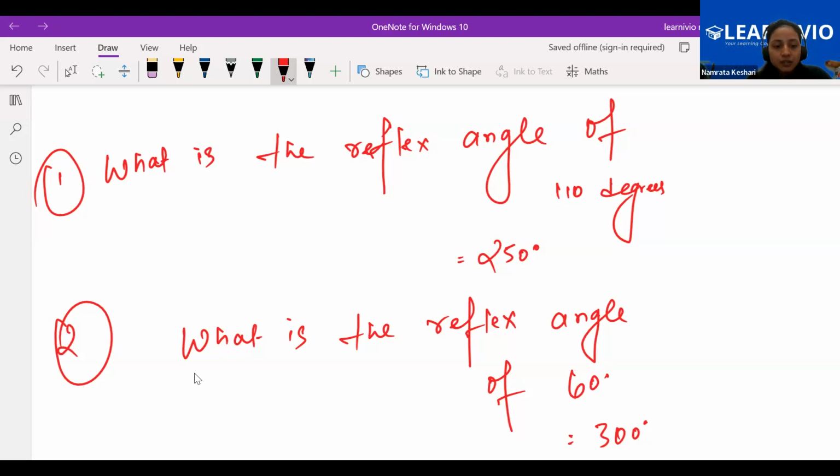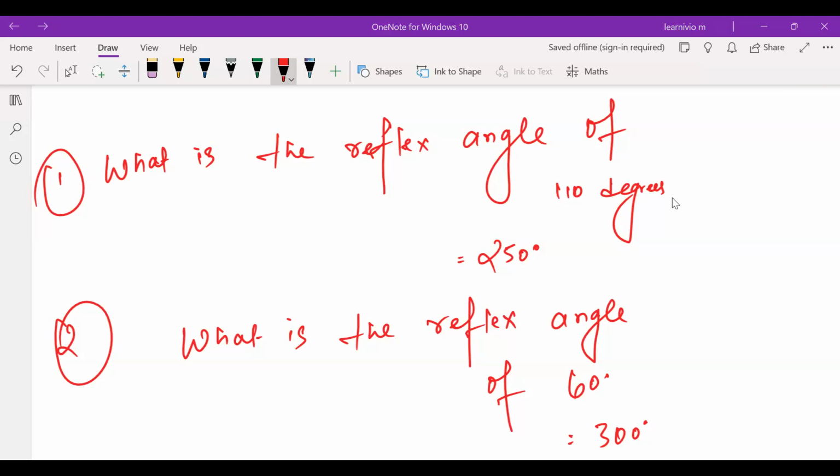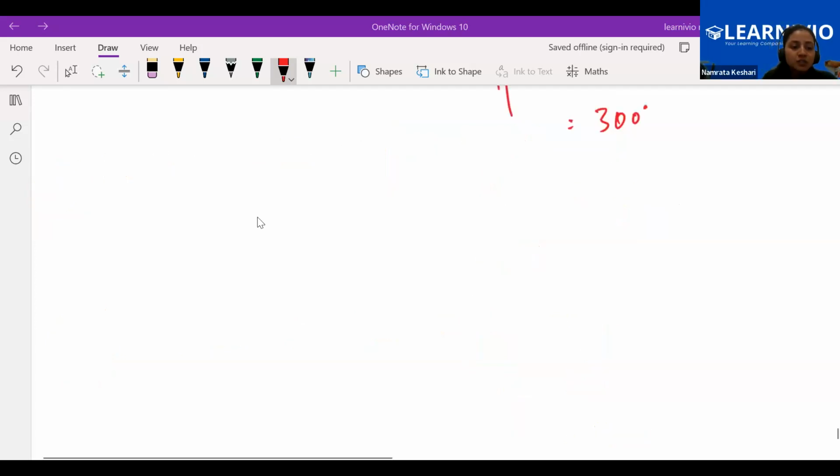So we were doing lines and angles here. The next question is, we have a straight line named POQ.